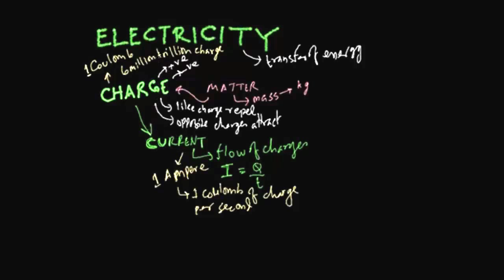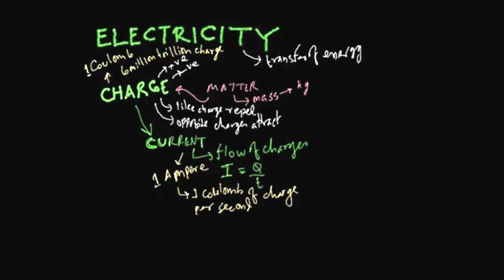It could be positive charge particles like proton, it could be negative charge particles like electron. If in 1 second 1 coulomb of charge passes you, that's 1 ampere of current. That's the idea of current. So current is given by the symbol I, the unit is ampere, and I is Q by T.